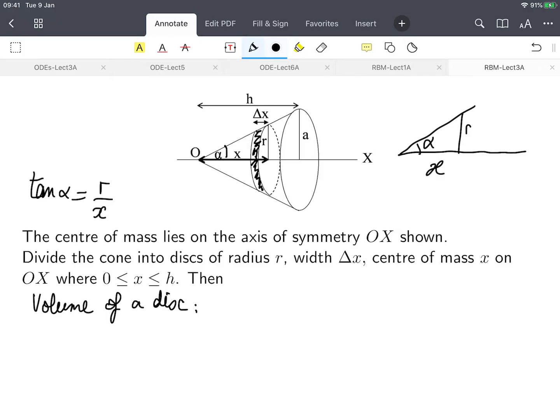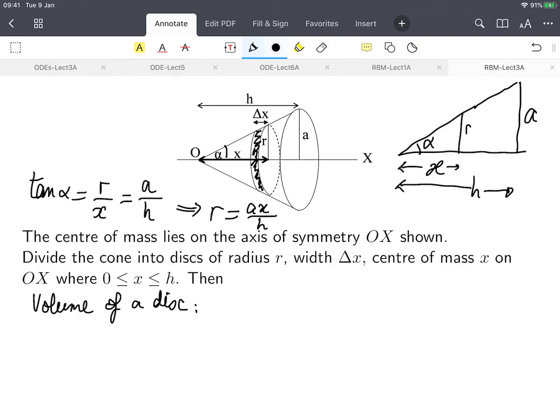And for the full length of the cone, that's h, the radius of the cone is a, so tangent alpha is also a over h. That gives me access to r, which is ax over h.